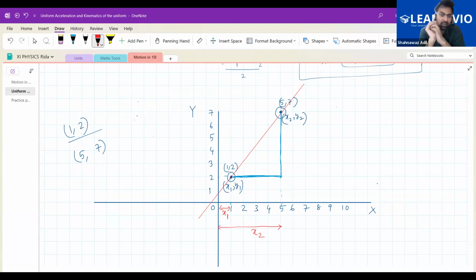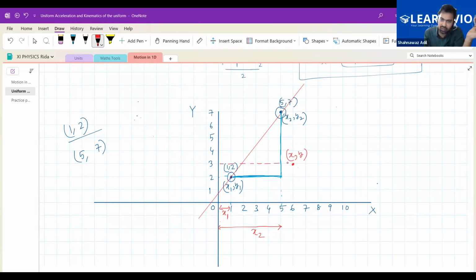Again, not clear. Please tell me. Maybe I can repeat this again. Sir, I'm not understanding how you are getting x1 and x2. Okay, so whenever we have a point, let's say this point, this point will have some x and some y. So x means how much distance we have covered.